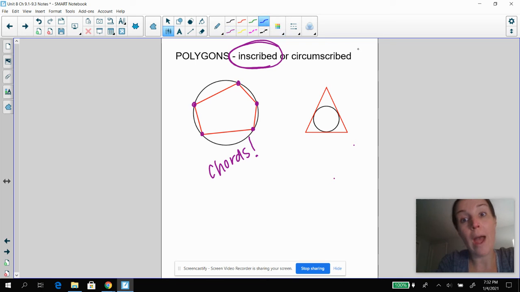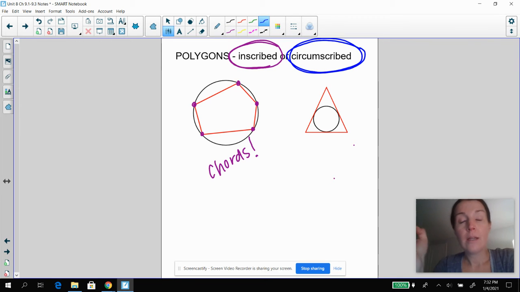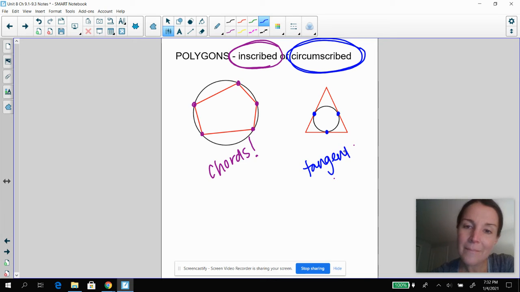Now, a circumscribed polygon is a polygon that goes around a circle. If you think of circumnavigate, you go around that circle. And here, my sides touch in only one spot. So a circumscribed polygon is made up of tangents. Pretty cool, right? All right, so inscribed, circumscribed. Make sure you know those and you feel good about those.